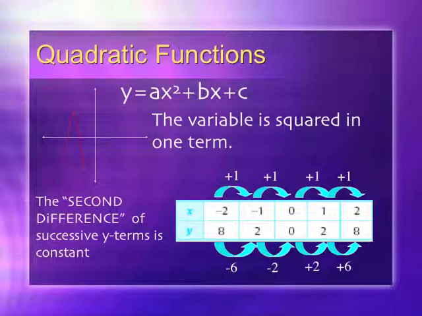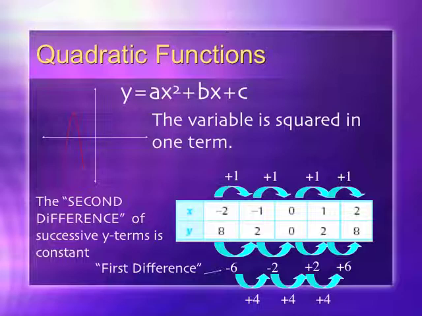I'm going to repeat the same process on this new sequence of numbers. To get from -6 to -2, I'm going up by 4. To get from -2 to +2, I'm going up by 4. To get from +2 to +6, I'm going up by 4.